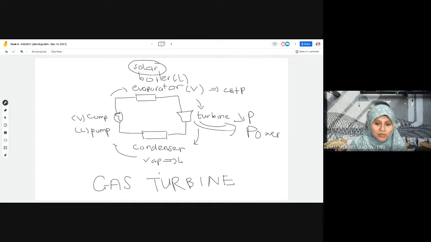Okay, so I'm not sure why they choose the name of gas turbine cycle, but obviously because the turbine is the one in the cycle that is going to produce the output that we want from the cycle, which is power.